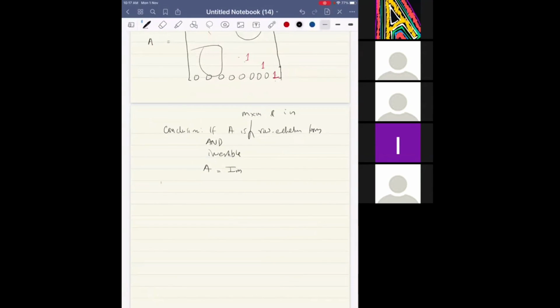So now recall what we said. Given any M cross N matrix, you can find elementary M cross M matrices E1, E2, blah, blah, blah, EK such that EK through E1 acting on A, which I call A prime, is in row echelon form.